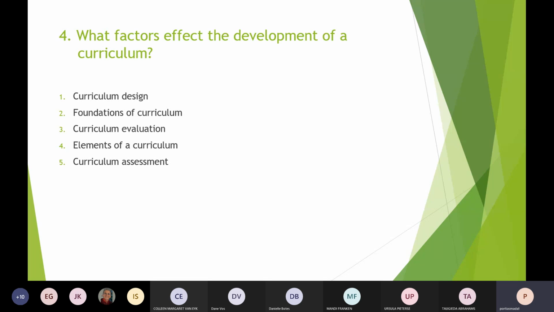So what do you think is the foundations of a curriculum? It's everything that holds the curriculum together. It's like the strong point. All right, thank you. Colin, what do you think is the foundations of the curriculum?